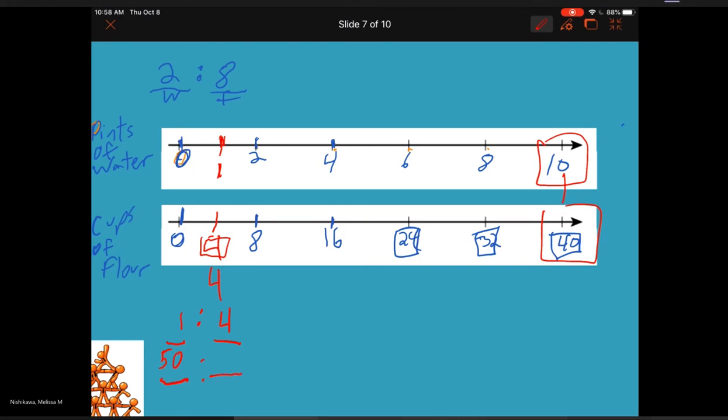You can find out how much flour you need by multiplying 50 times 4, which would be 200. So finding that unit, that single batch, even when you're given a ratio like 2 to 8, finding that, in this case 1 to 4, is helpful to find the answers to your other questions.